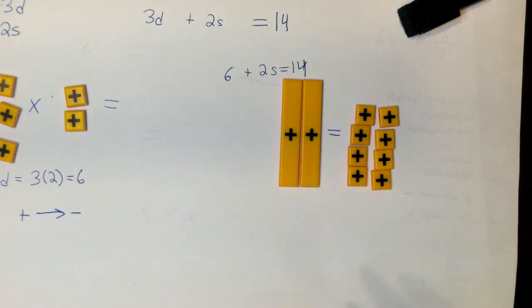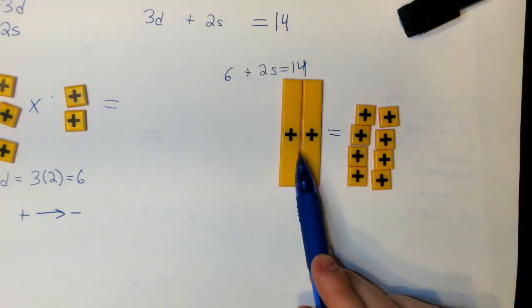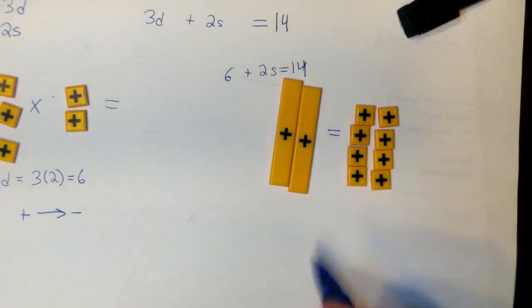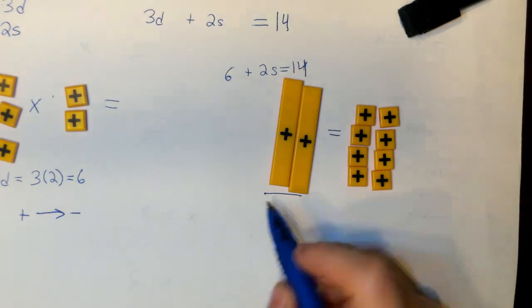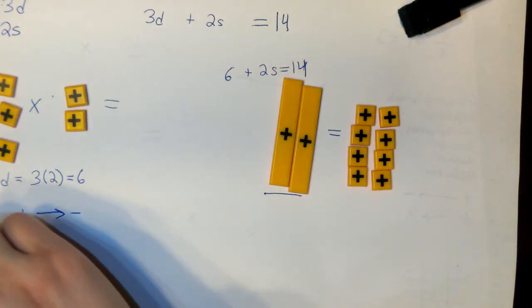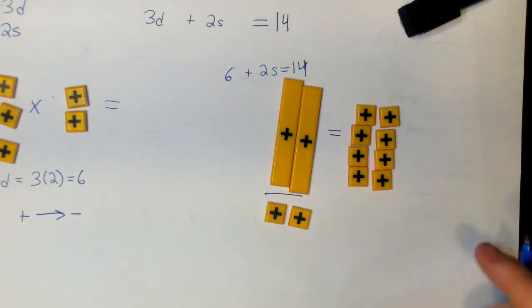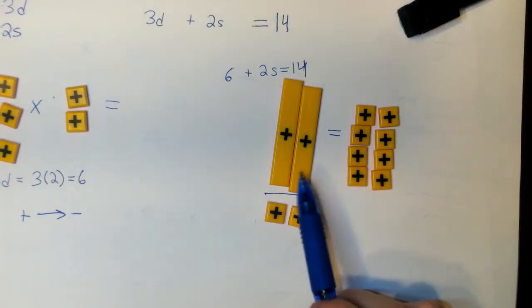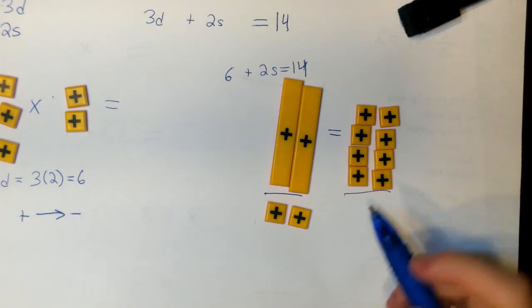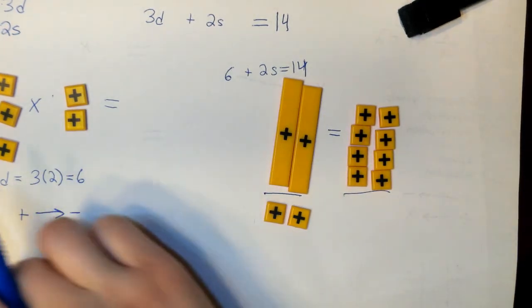So we're going to half it. We're going to divide by 2, because the coefficient, there's 2 of these. We're going to represent that 2 using 2 small tiles, and it's a positive 2 because these are both positive. So we're going to divide by 2 on this side as well.